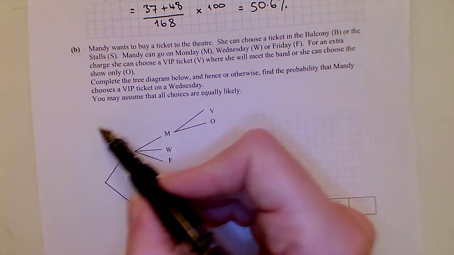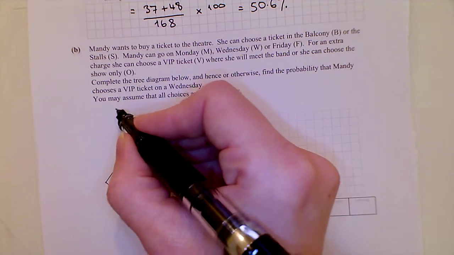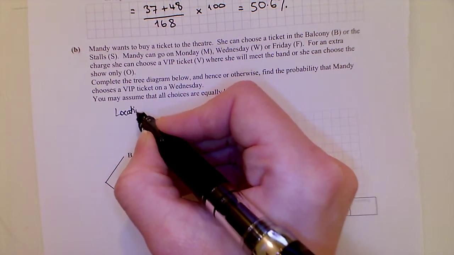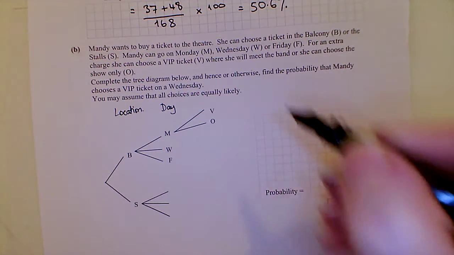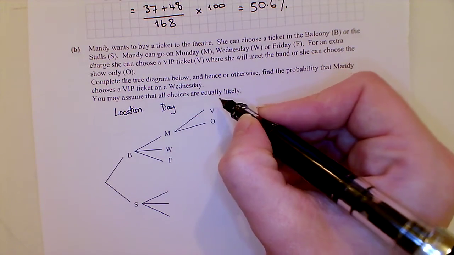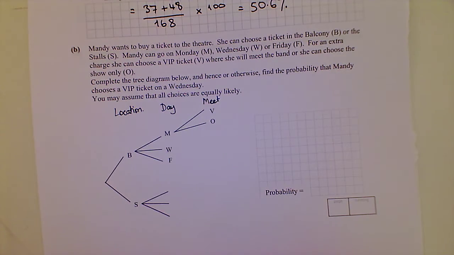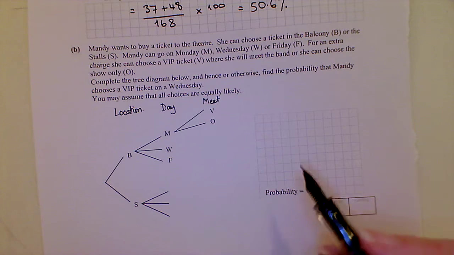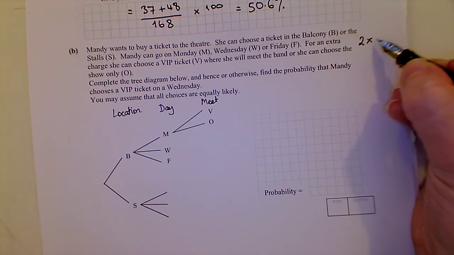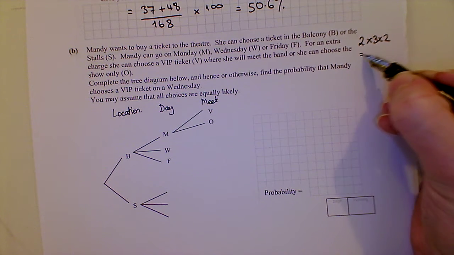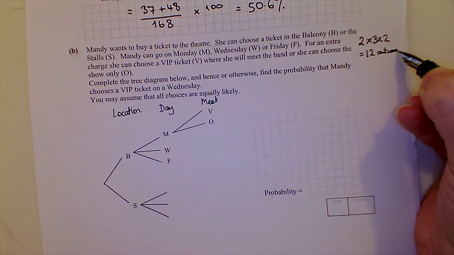So the first choice is balcony or stalls. That's the location. The next choice is the day. And the final choice is whether she meets the band or not, whether she gets a VIP or show only. So we know that we should have, by the fundamental principle of counting, 2 by 3 by 2, which is 12 outcomes, if we do this right.